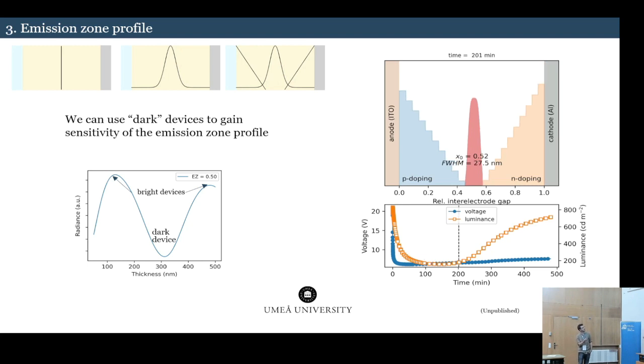And then we want to not only see the position shift, we also fit the width. In this case, we see a widening of the emission zone, and we can correlate it well with a higher voltage. It's not really appreciable here, but this also tells us a lot of information in these devices.